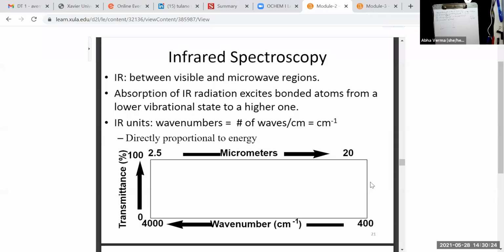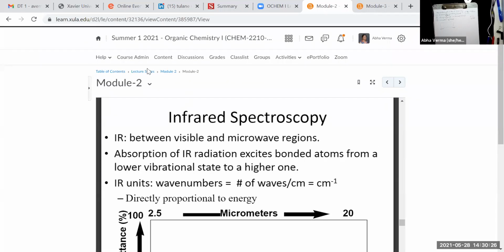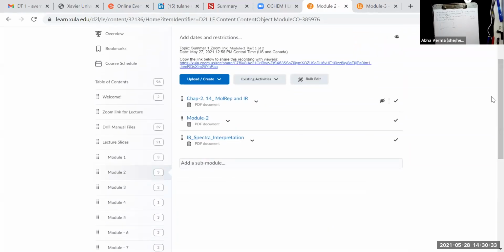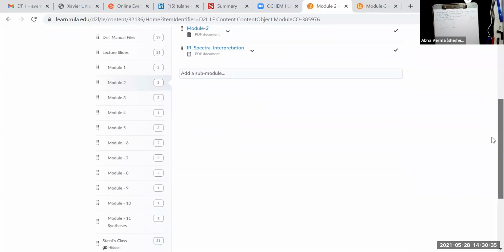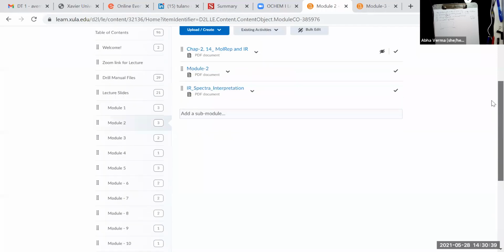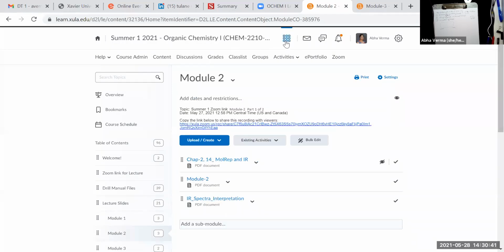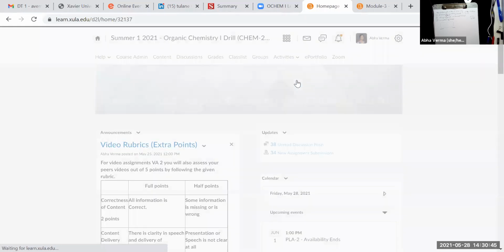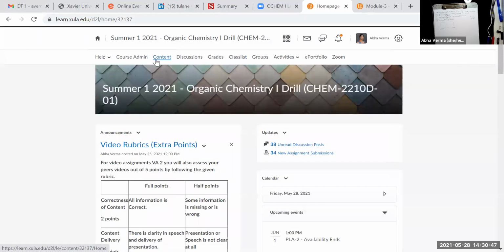I'm not sure how many of you have lab this summer, but I have a packet here which is from the lab, and I also have in the drill section some extra information that I would like all of you to look at.